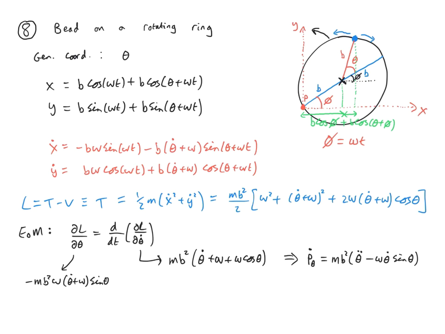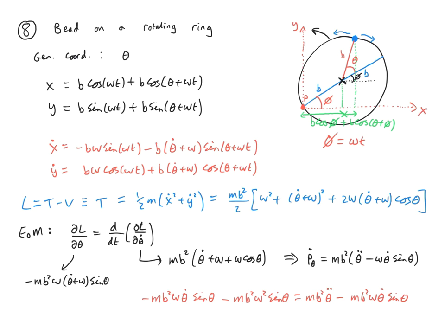We have an equation of motion which is minus mb² ω θ dot sin θ on the left-hand side, minus mb² ω² sin θ, just expanding out this bracket here. And then on the right-hand side, we have mb² θ double dot minus mb² ω θ dot sin θ. Now, something extremely interesting happens.